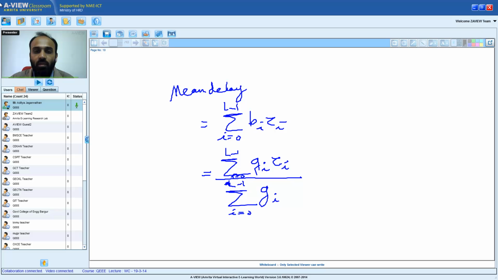Right? So basically the mean delay tau bar equals either summation Bi tau i, which is equal to summation Gi tau i divided by summation Gi.